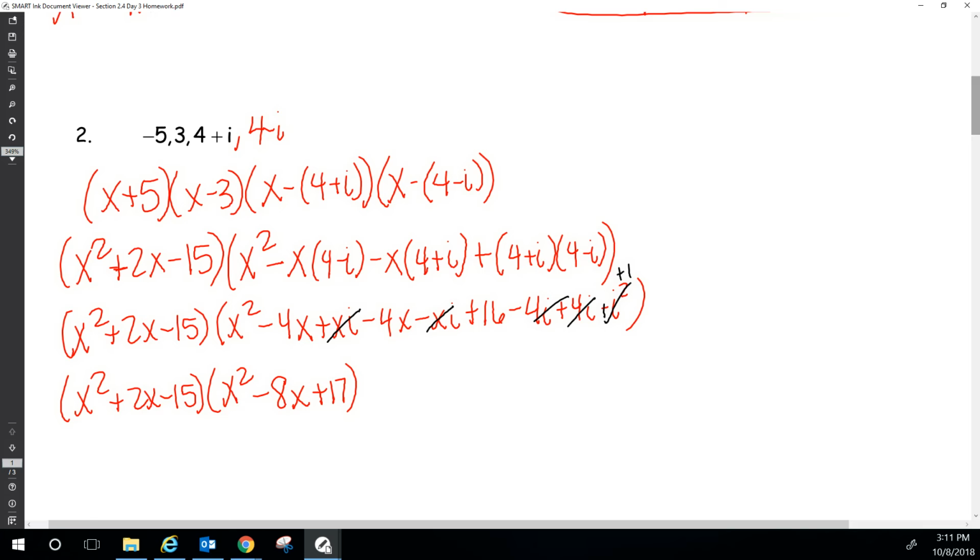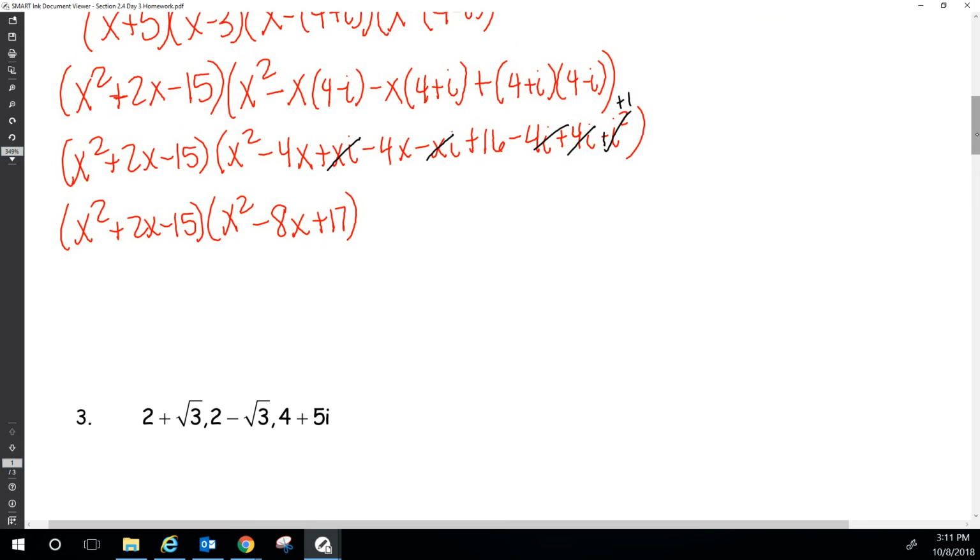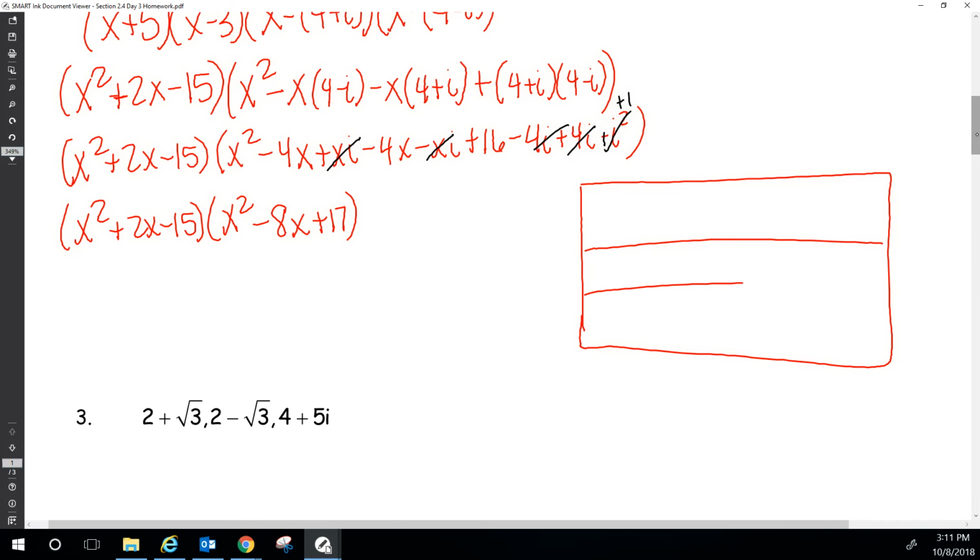And again, we're going to put it into our table so that we have some really nice accounting here. And we just have to add along our diagonals. All right, we got x squared plus 2x minus 15, x squared minus 8x plus 17.